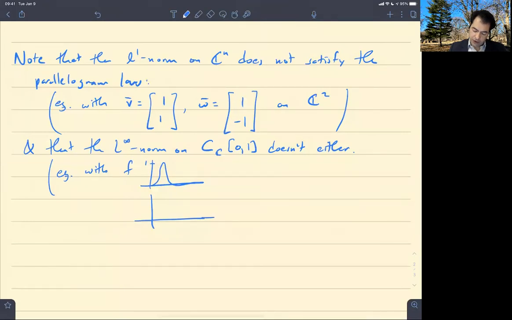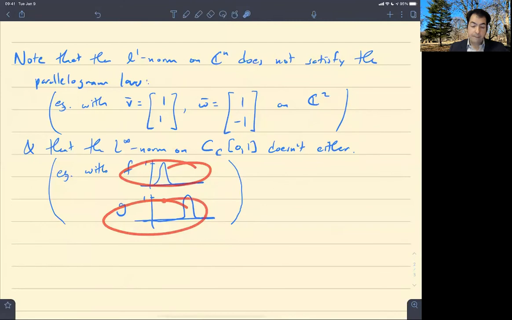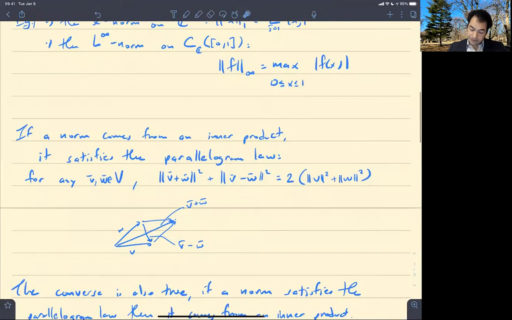And let's have a function g whose graph looks like this. So it also has its maximum of 1, but that's achieved over here where f is 0, and g is 0 everywhere where f is not 0. So I will let you plug these functions into the left-hand side and into the right-hand side and check that you get different things.